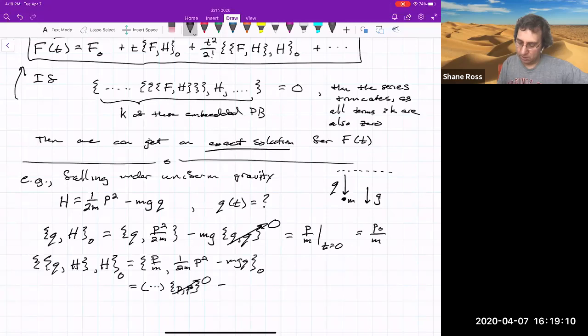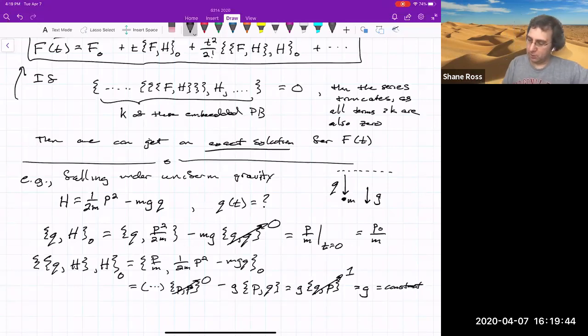And then over here, we get g. The m's cancel, and we're just left with minus g, p with q. And so this is g, q with p, right? If you reverse the order, you pick up a minus sign. And q with p is a fundamental Poisson bracket that equals 1. So this equals just g. So evaluated at time 0 it is still just the constant g.